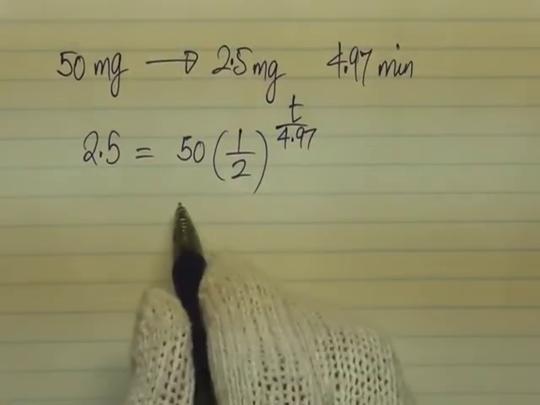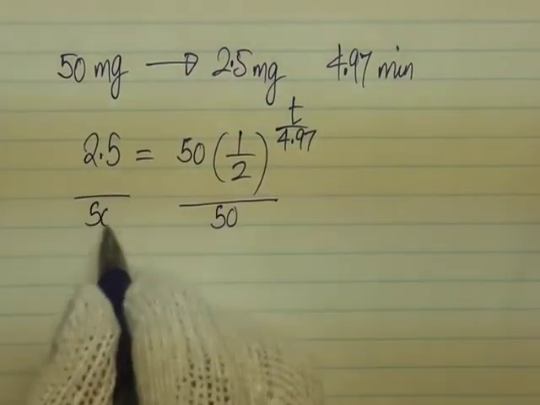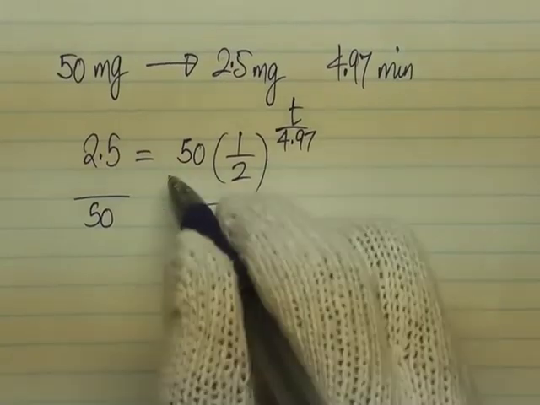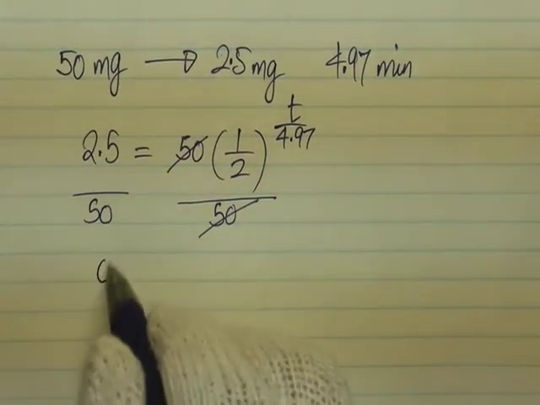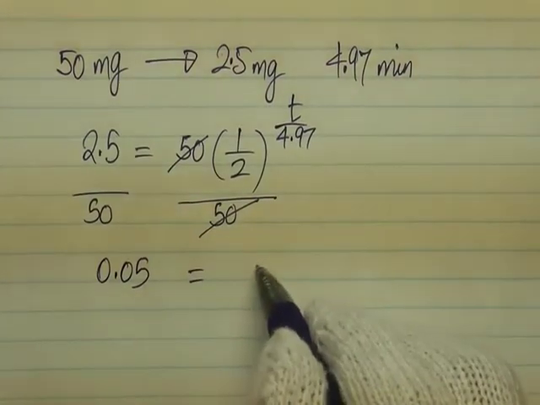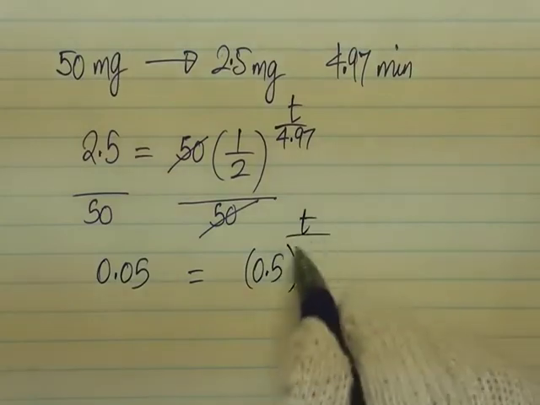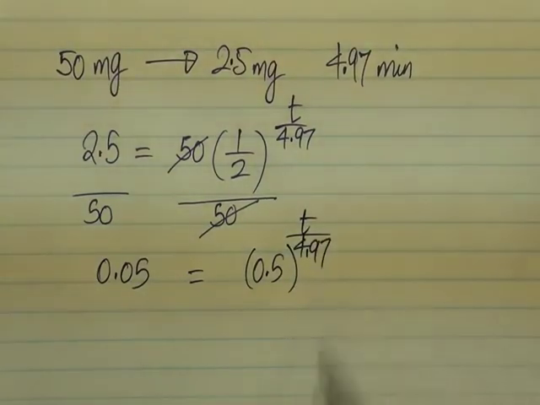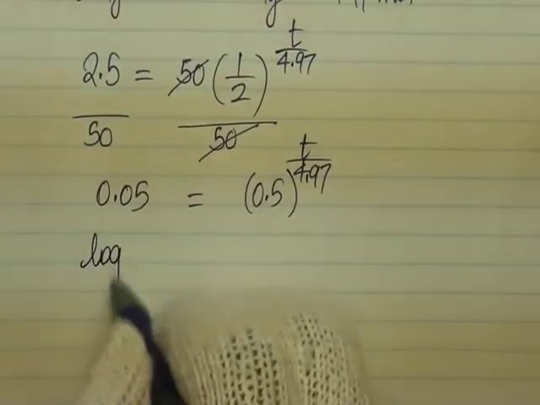So I'm going to start off by dividing both sides by 50. So these two go away. If I take 2.5 and divide by 50, I'm going to get 0.05. On the other side I have 0.5 to the exponent t over 4.97. I'm going to take the log of both sides.